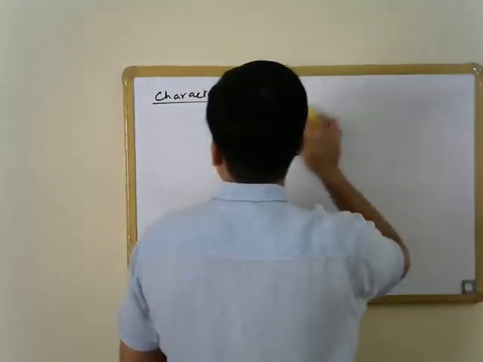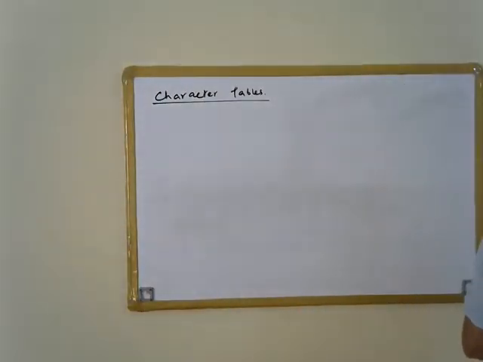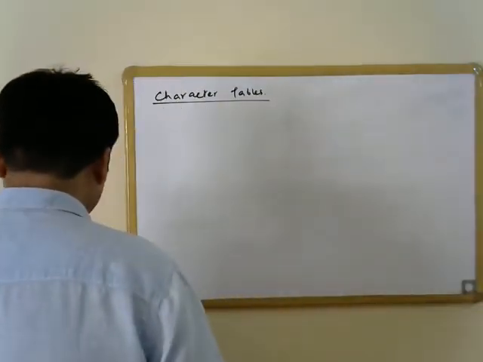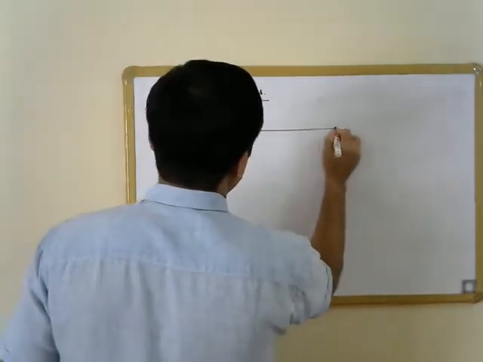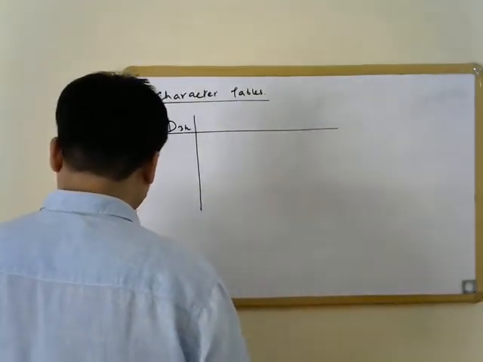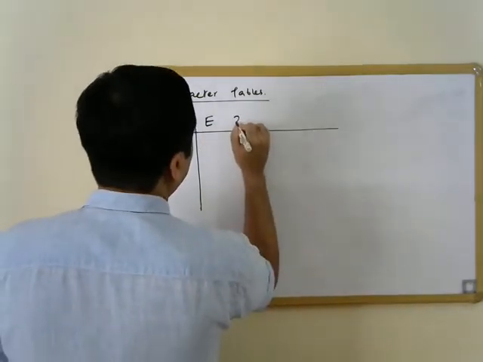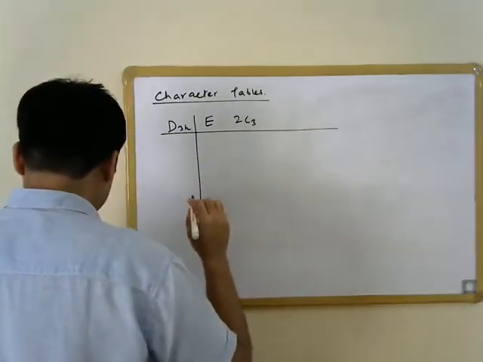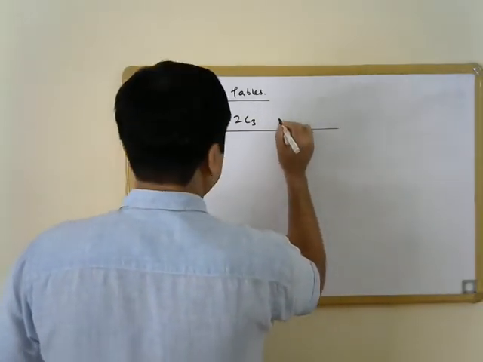And so we will look at the character table of the D3h point group to learn about these rules. In the case of the D3h point group, there are 12 symmetry operations, and these symmetry operations are clubbed into 6 different classes.